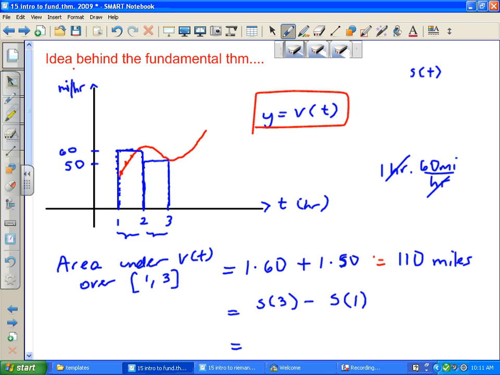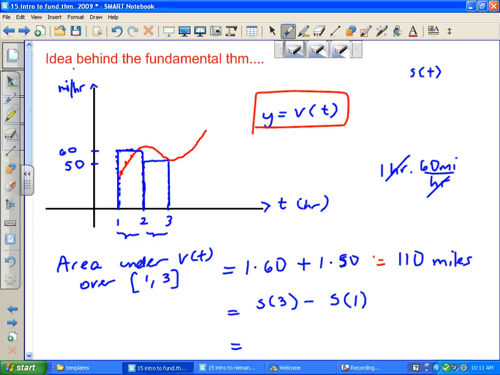And if you also know where this object was by the end of the first hour, let's say 90 miles were traveled at the end of the first hour. So how much was traveled between the first and the third hour? You say 200 miles minus 90 miles, that would be 110 miles, right? So in other words, S of 3 minus S of 1 gives us the total distance traveled between the first hour and the third hour.